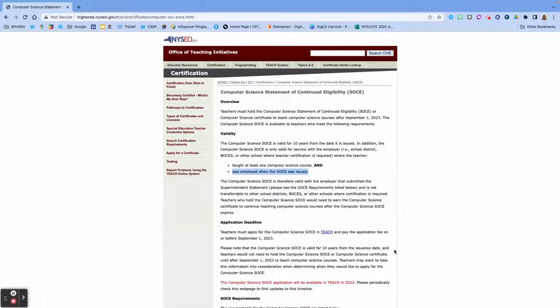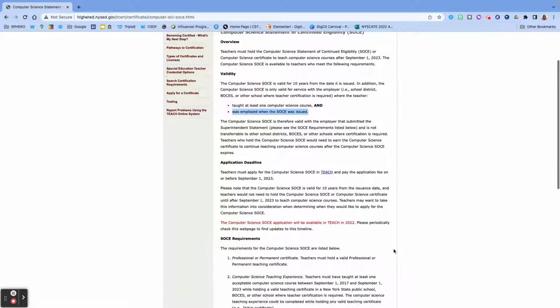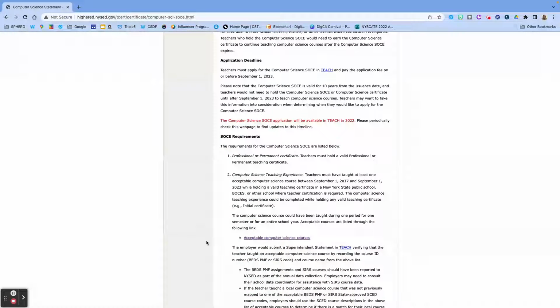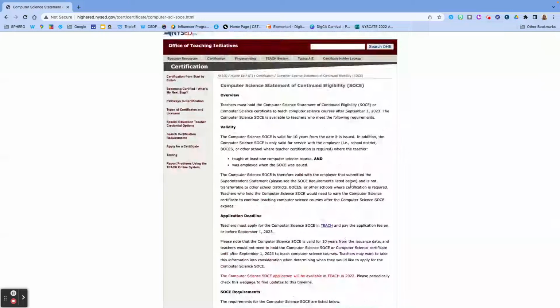This should open up probably around or before September 1st, 2023 to give you the full 10 years since the standards are implemented. So come back here and take a peek if you haven't had a chance to see what the acceptable computer science courses are and to find out more information about this statement of continued eligibility.